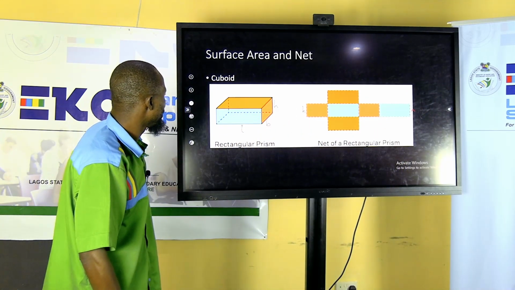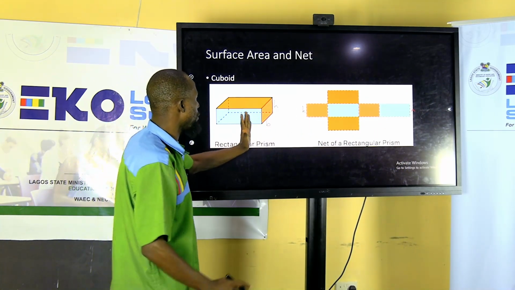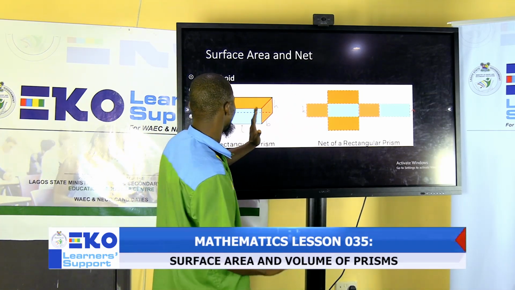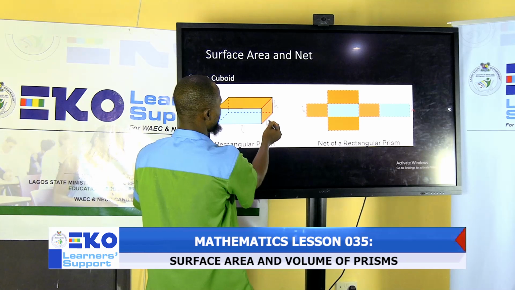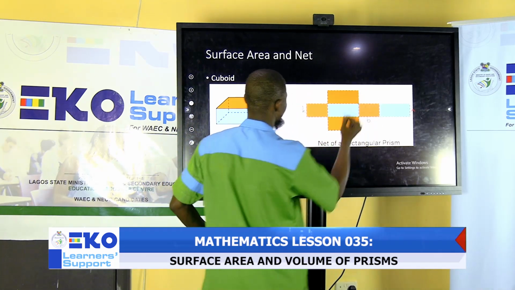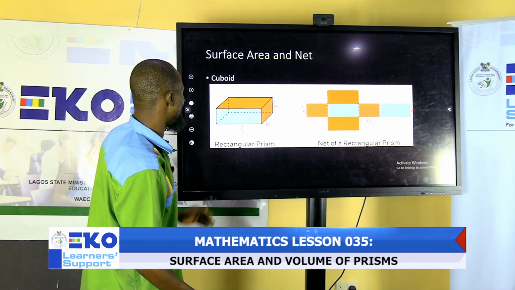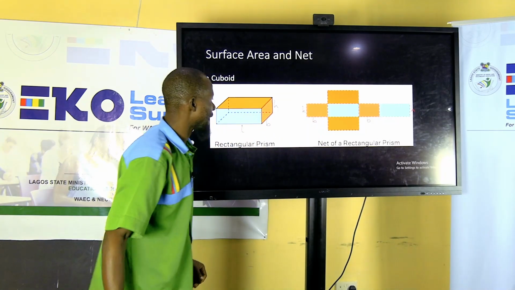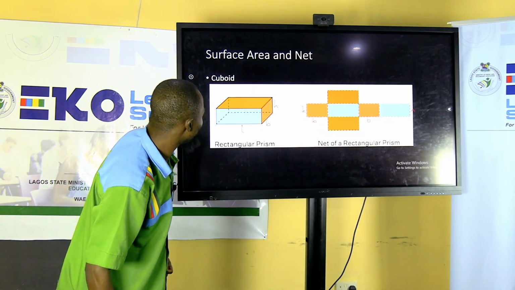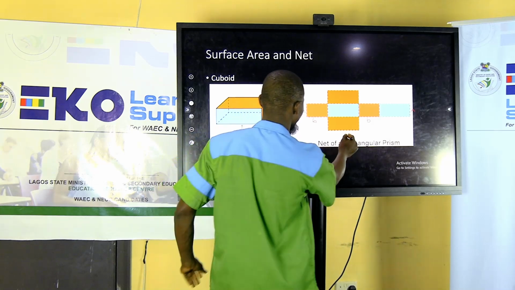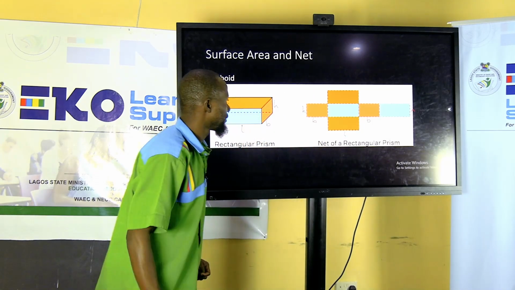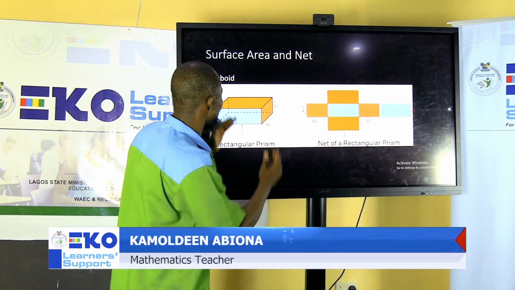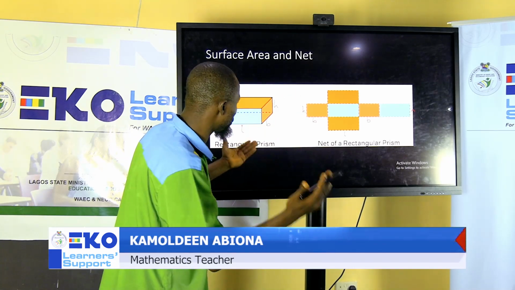Is that clear? So when you open this up like this, if this one should come here, this is B, this is B. And the same B is here. Right? Okay? And the next thing is length. This is the length. So by the time you bring them together, you realize that each side has two faces.